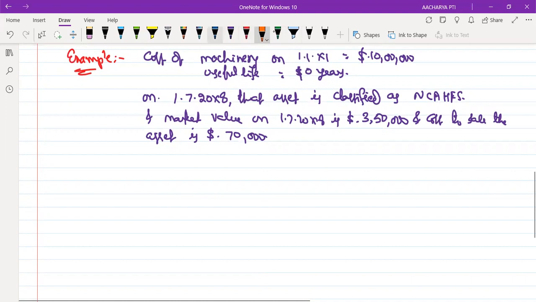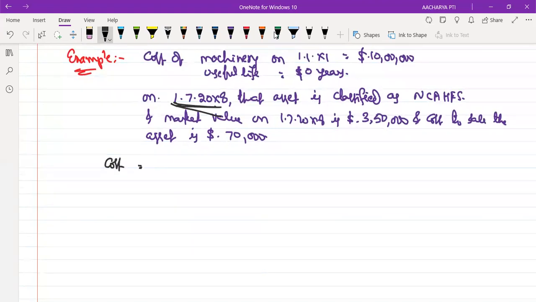So in that case, how to calculate? First, what is the carrying amount on the date of reclassification? On what date did we reclassify? On 1st July 20X8 exactly. The cost is 10 lakh and useful life is 10 years, so depreciation is 1 lakh per annum. For how many years do we provide depreciation? X1 to X7 means 7 years, plus in X8 we need to provide for 6 months.